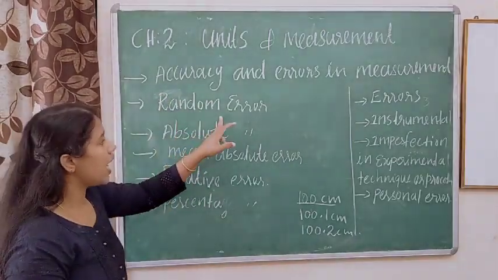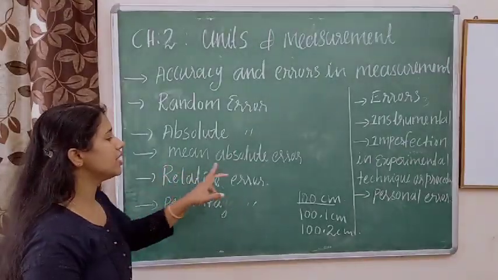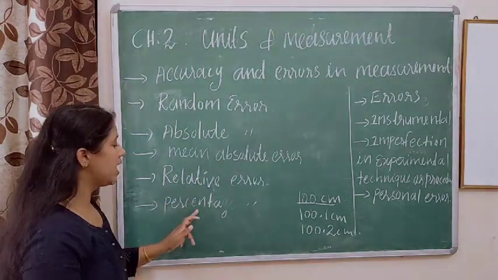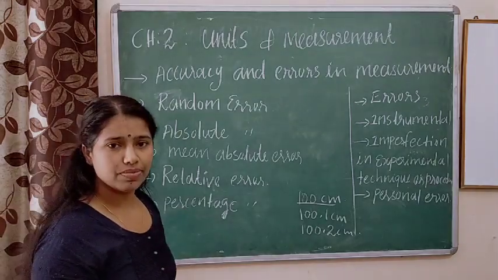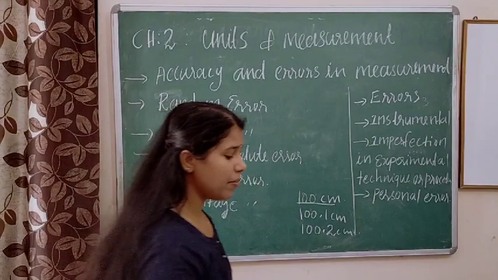First one is random error. Second one is absolute error. Third one is mean absolute error. Fourth is relative error. Last is percentage error. First one is random error.